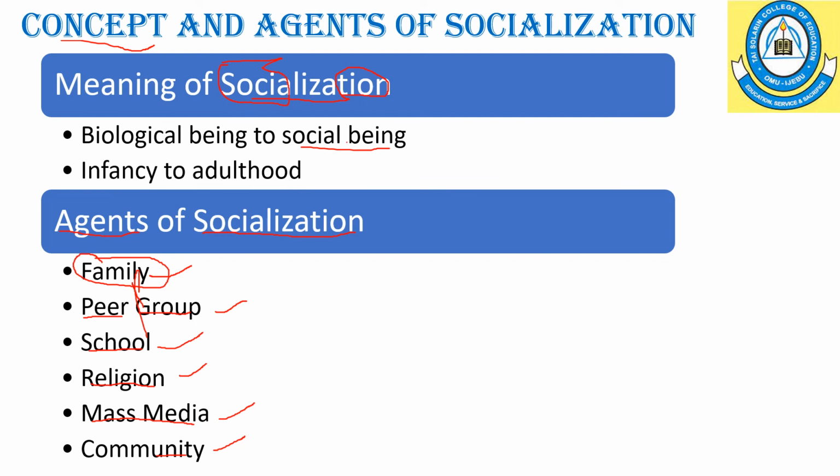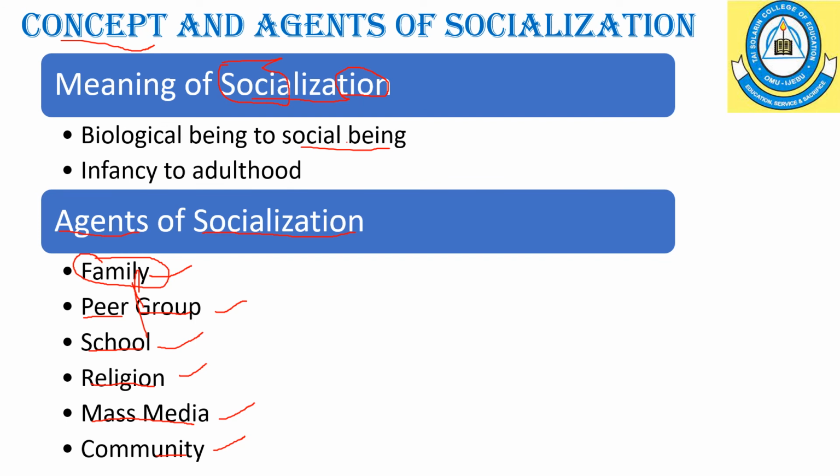So to say, socialization is being carried out with all these various agencies. These agents aid socialization and it helps us to have a peaceful coexistence in the society.